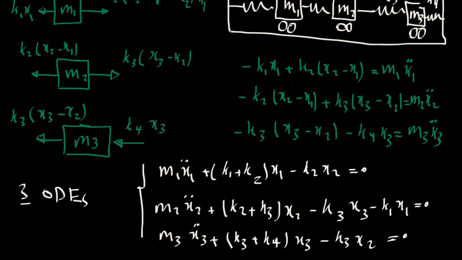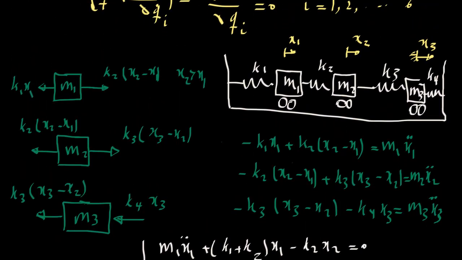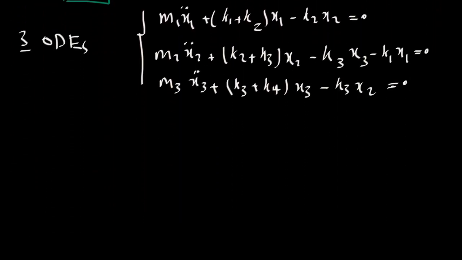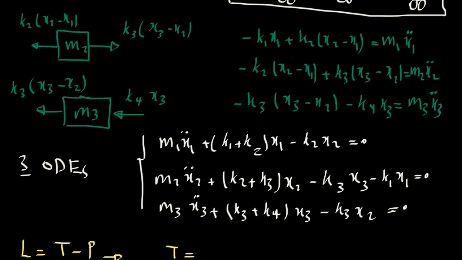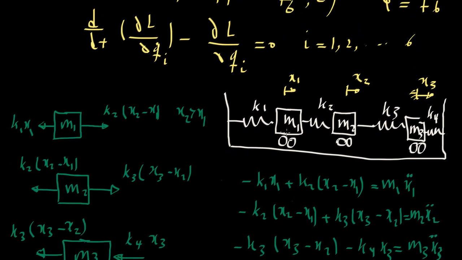And now let's derive the governing equation of motion using Lagrange approach. So for Lagrange approach, I would say that L is equal to T minus P. Basically here T, the kinetic energy, would be the sum of all the kinetic energies for all these particles.